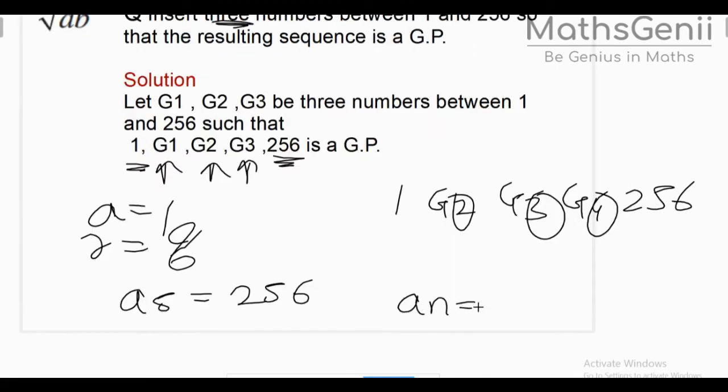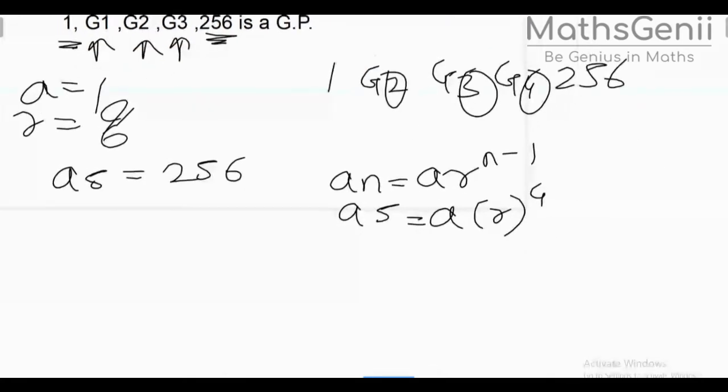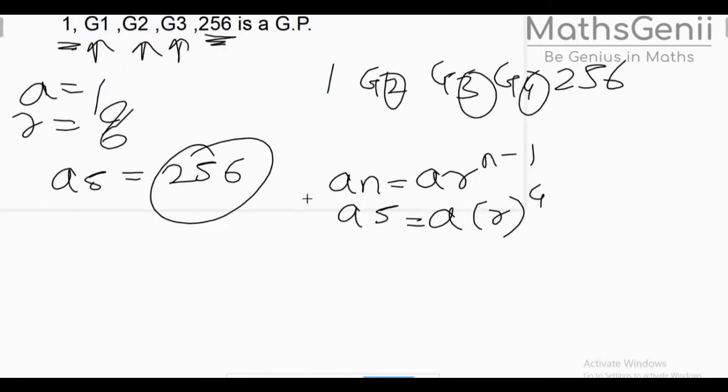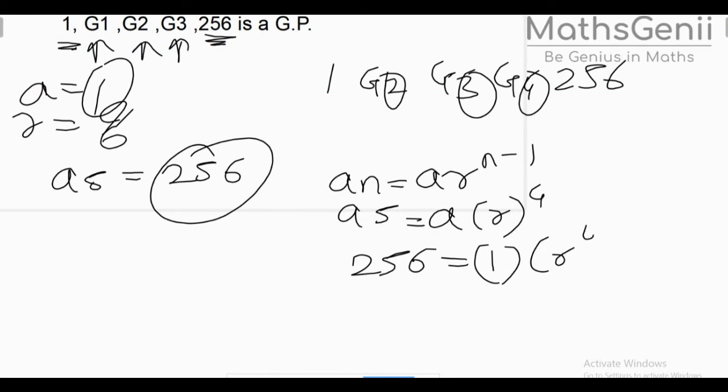A5, I want to find out. 5 minus 1, 4. Correct? What is A5? 256. What is A? 1. R raised to 4. Anything raised to 1 is that number itself. 256.